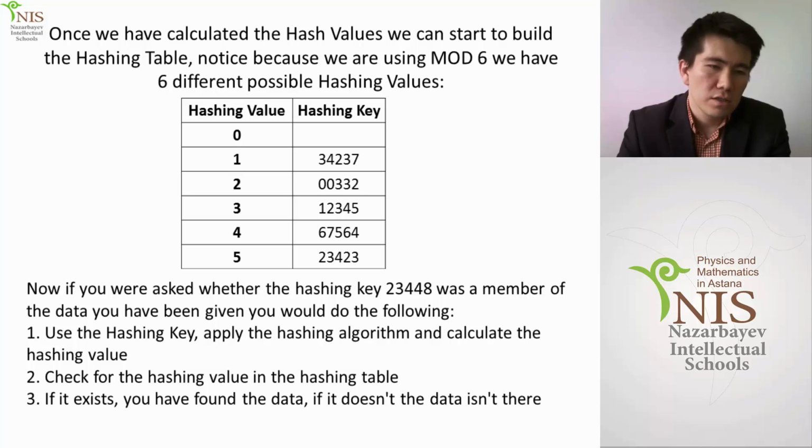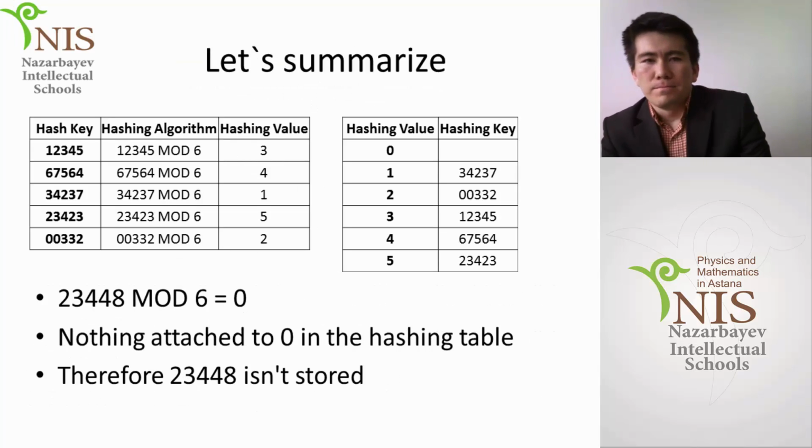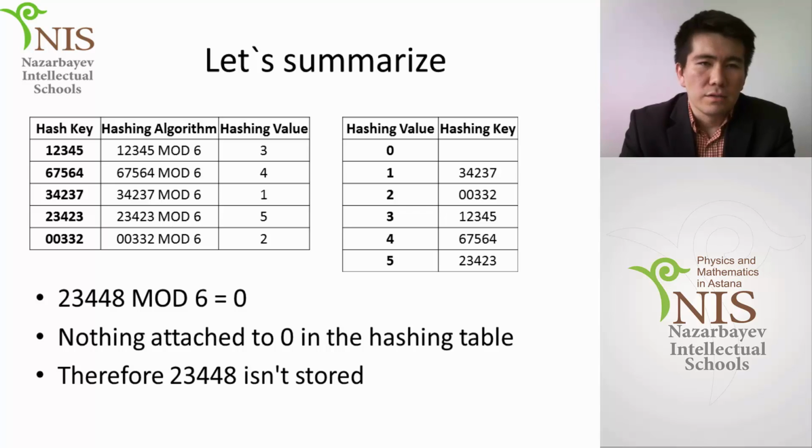If it exists, you have found the data. If it doesn't, the data isn't there. As you can see, there is no hashing key for hash value 0. That means that it's not there. It means that the table doesn't contain such a value.